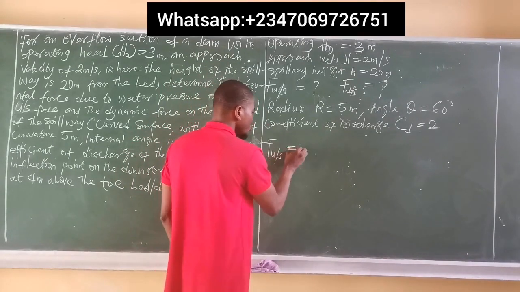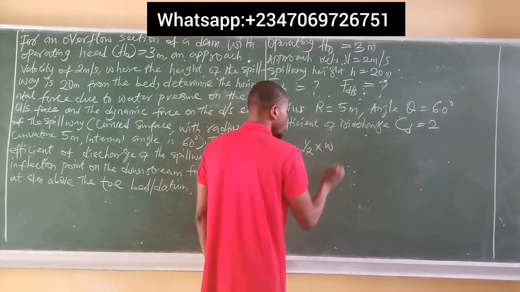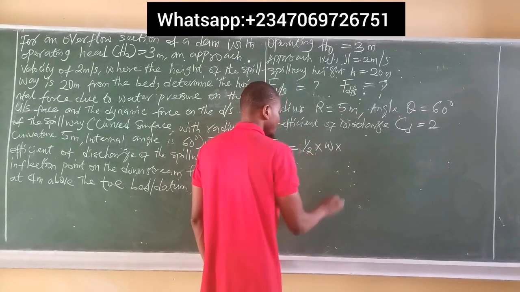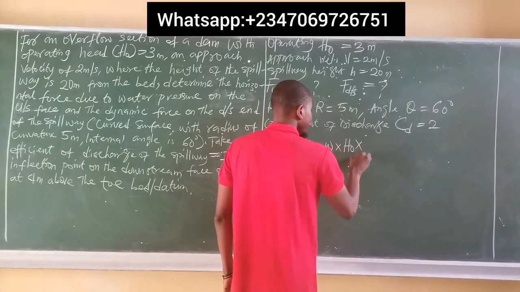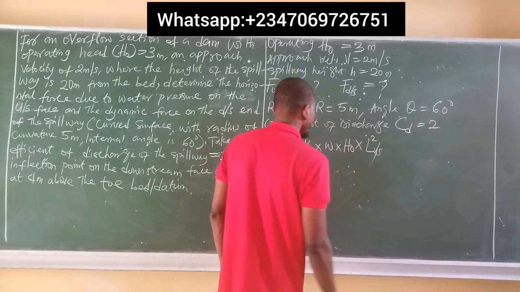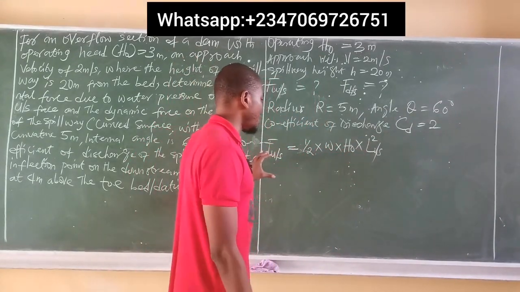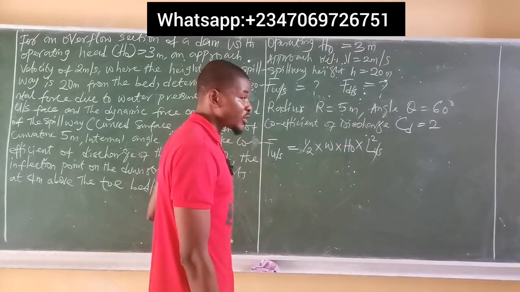It is equal to 1 over 2 times the specific weight of water in the dam times the operating head times the upstream spillway length, all squared. This is the formula you use to calculate the pressure force at the upstream end.